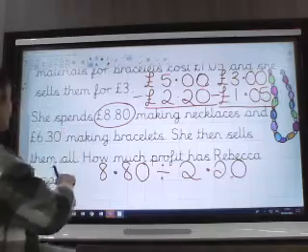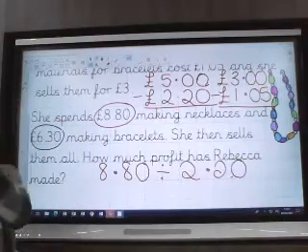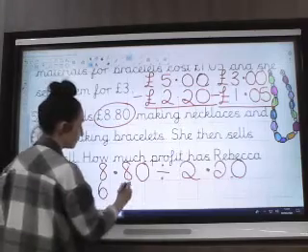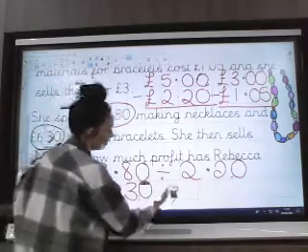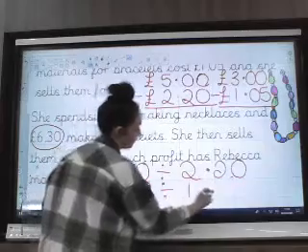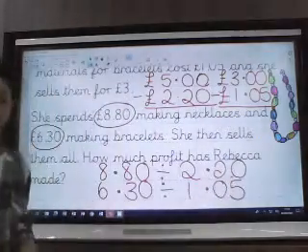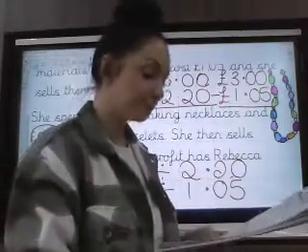You also then need to do £6.30 divided by £1.05, sorry. £6.30 divided by £1.05, and that will tell you how many bracelets she made.